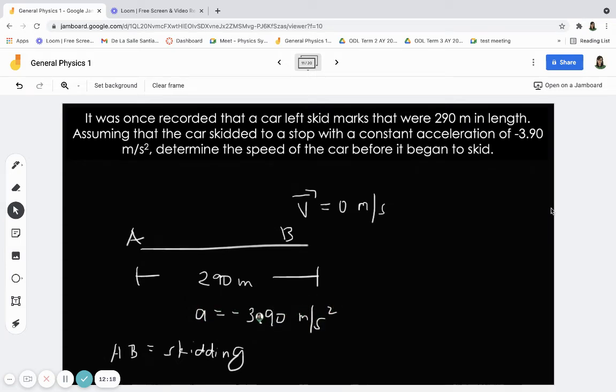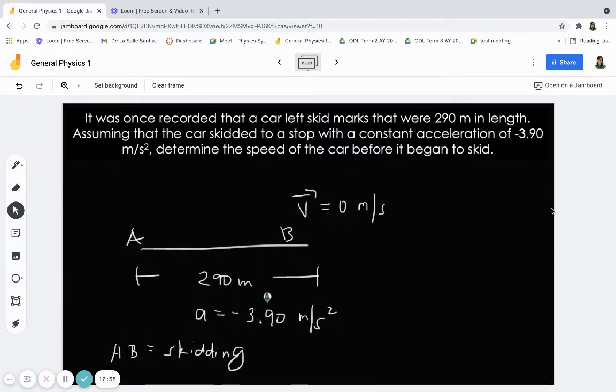So assuming that it's moving in the positive direction, the acceleration really should be negative, because for stopping or skidding to happen, the acceleration and velocity should have opposite directions, so that the car will eventually come to a stop and reach zero velocity.